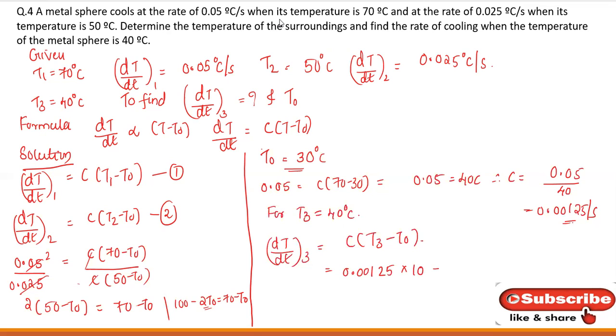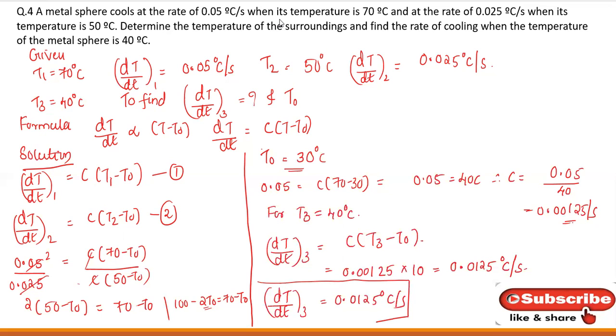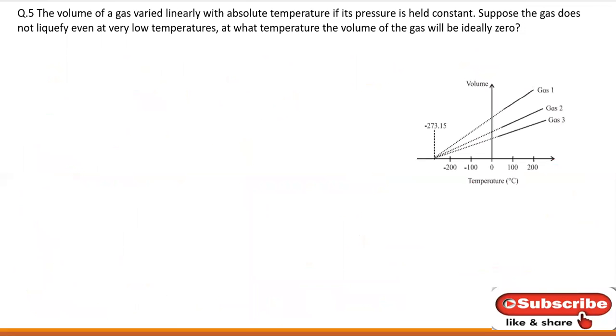So we got 0.0125 degrees Celsius per second. So this is the value of rate of cooling at 40 degrees Celsius, and the surrounding temperature is 30 degrees Celsius. I hope you all understood the solution. Let us solve the next question.